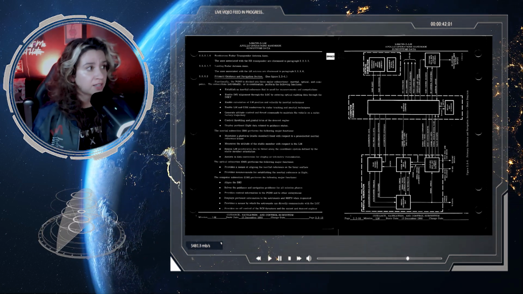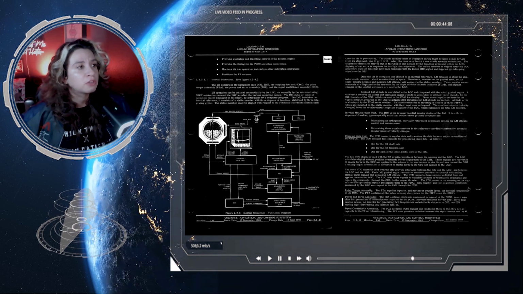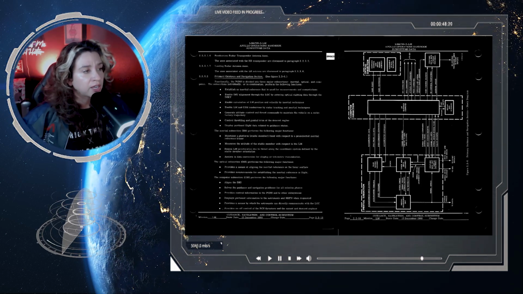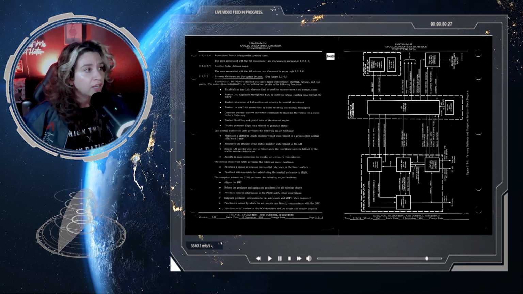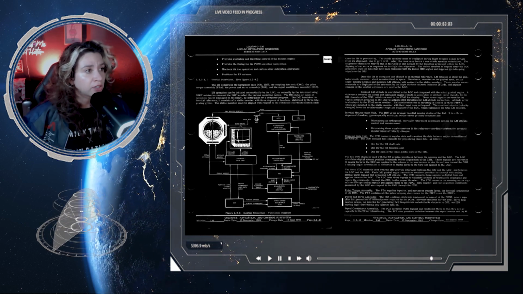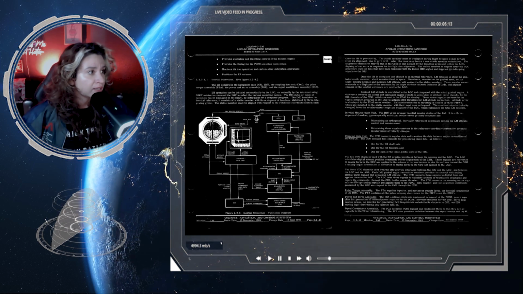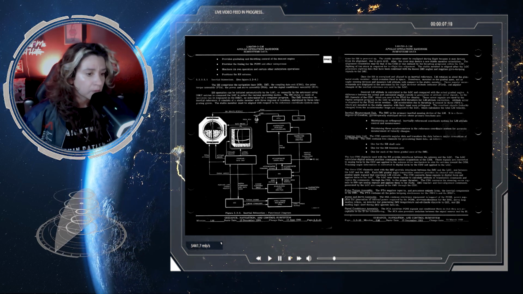So the CSS also provides gimbaling and throttling control of the descent engine. It provides the timing for the PGNS and other subsystems. It monitors its own operation and certain other subsystem operations, and positions the RR antenna. Okay.